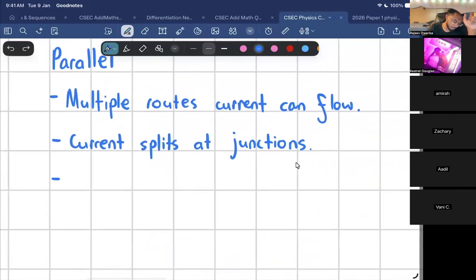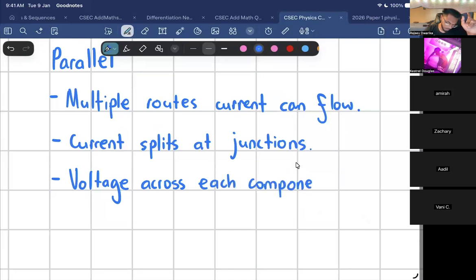Oh, by the way, in a parallel circuit, the voltage across each component is the, anybody wanna guess? I'll give you a hint. Your house is wired in parallel, and you hook up everything to the wall.